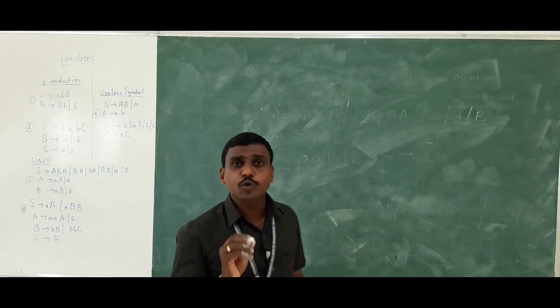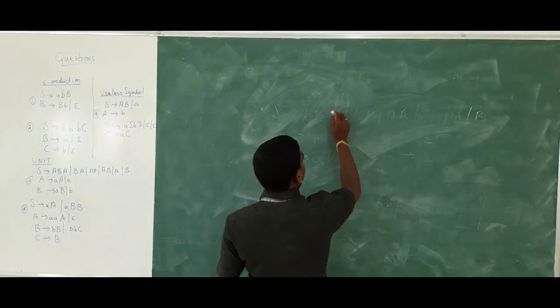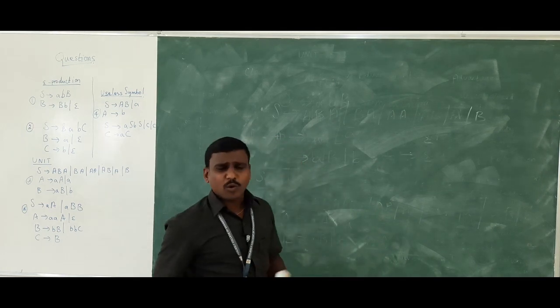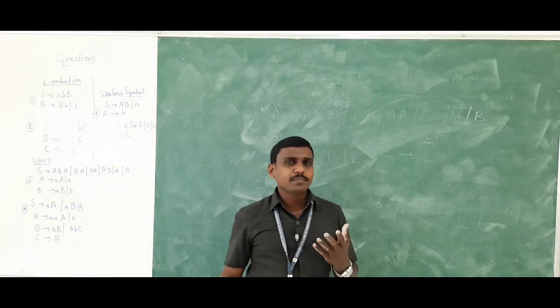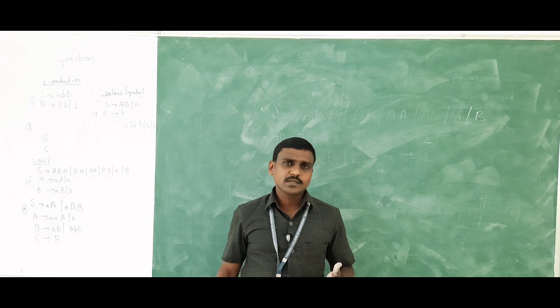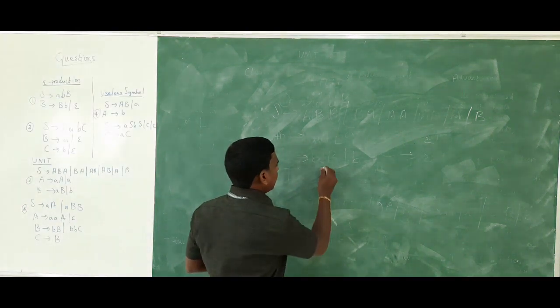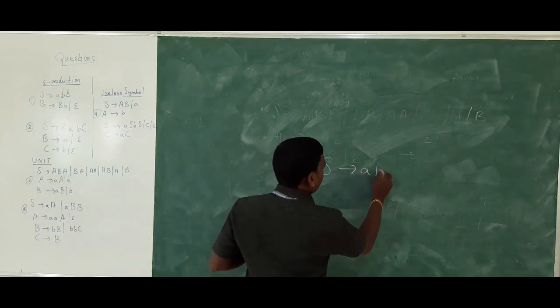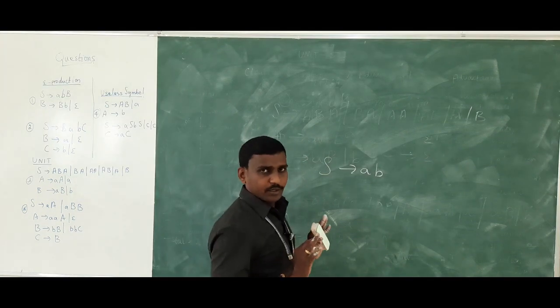The last one is eliminating useless symbols. How will you say whether a symbol is useless, I mean a variable is useless? For example, S tends to AB/A, and A tends to B. Okay. So this is the production grammar, we can say.